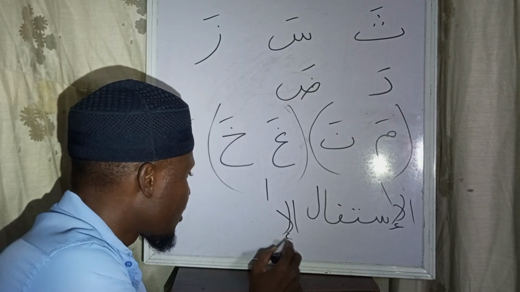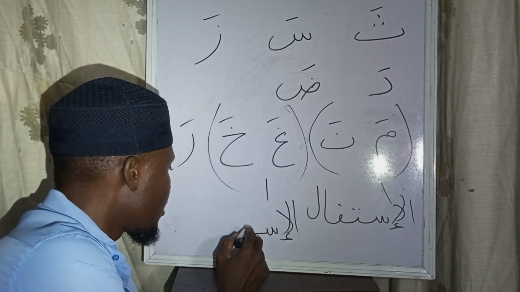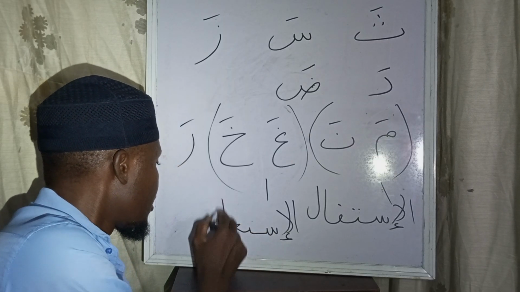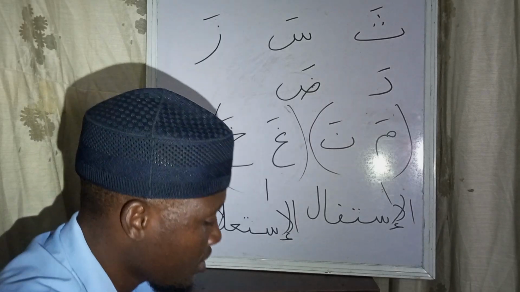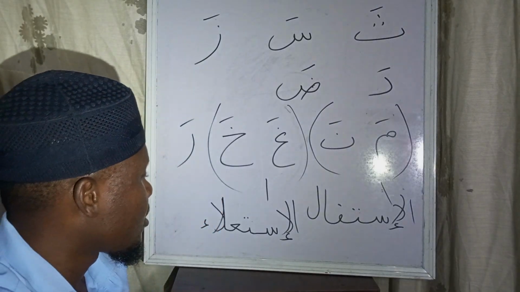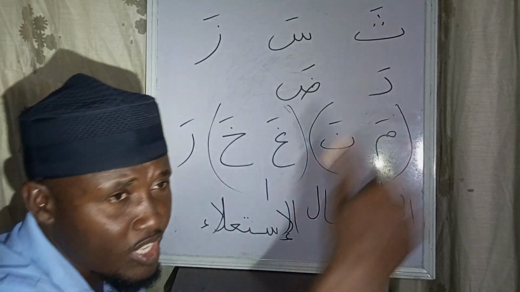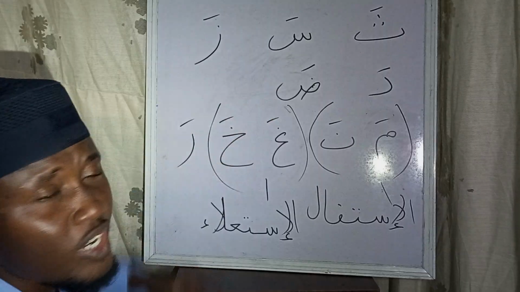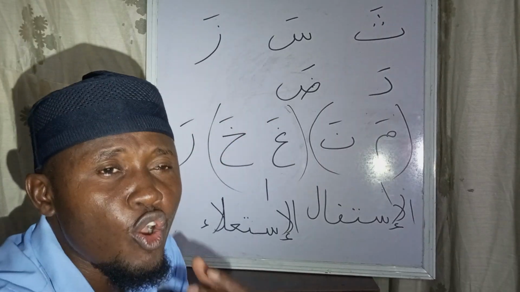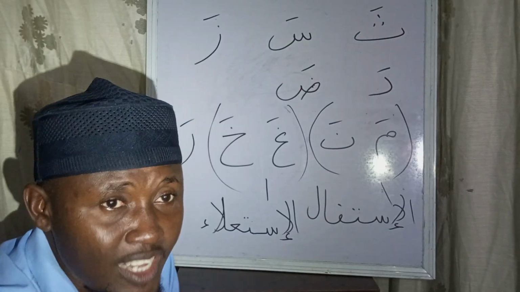So we will talk about these attributes more when we get to the attributes of letters. But this tells us that these two should be pronounced as Go and Kho. That is how to pronounce them.